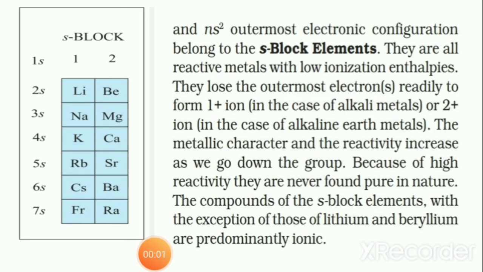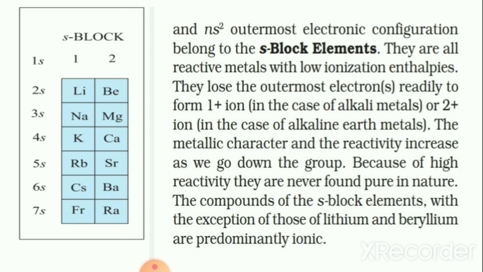How does the metallic character vary down the group? Metallic character increases down the group. It is because as we move down the group, the tendency to lose electrons increases. Therefore, the reactivity also increases down the group. Since they are highly reactive, these elements always occur in the combined state or as compounds.